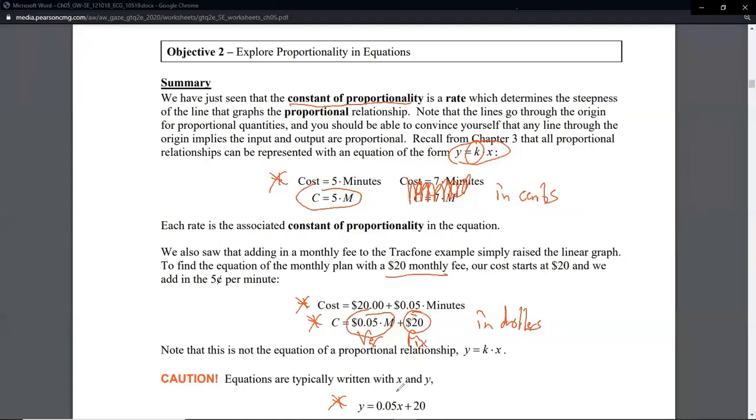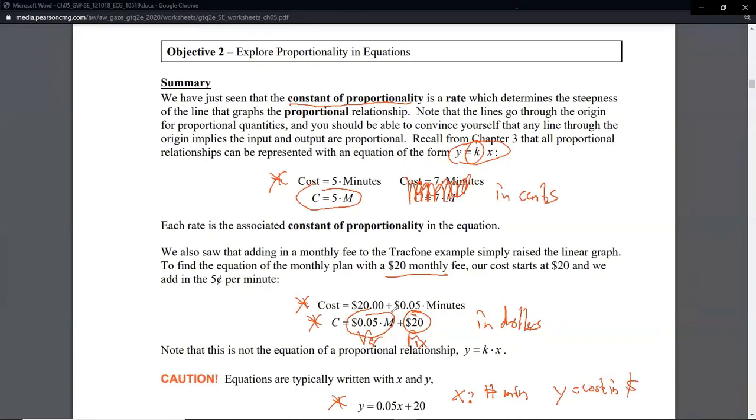So this is perfectly fine, but unfortunately, what you would need to do is really write down that X is the number of minutes and Y is the cost in dollars. If you just write it this way, your variables are not labeled, you don't know exactly what it relates to, it's not very clear.